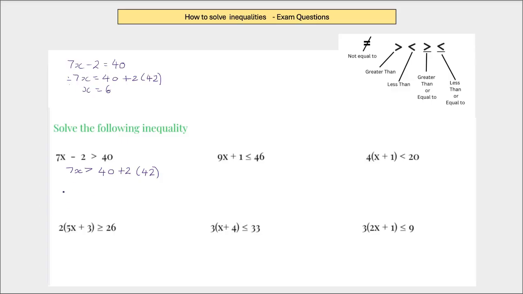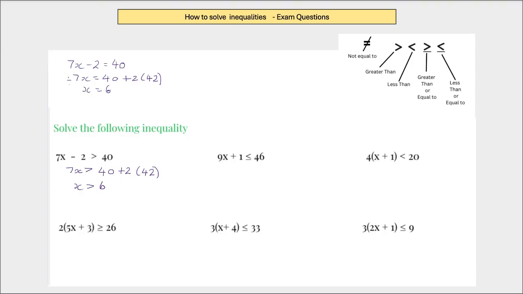And then dividing by 7. So our x, our unknown, is greater than 6. So it's exactly the same. Told you it's not difficult. If you know that and you know how to do that, you put it all together.